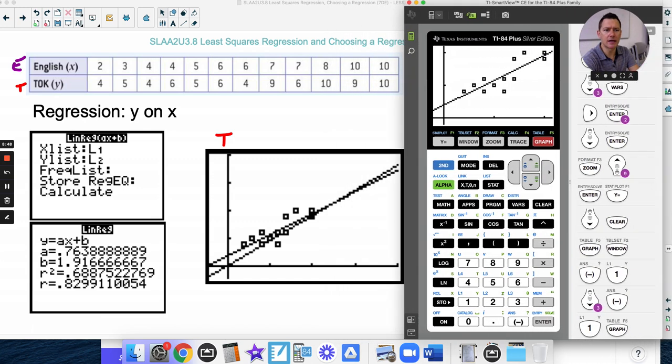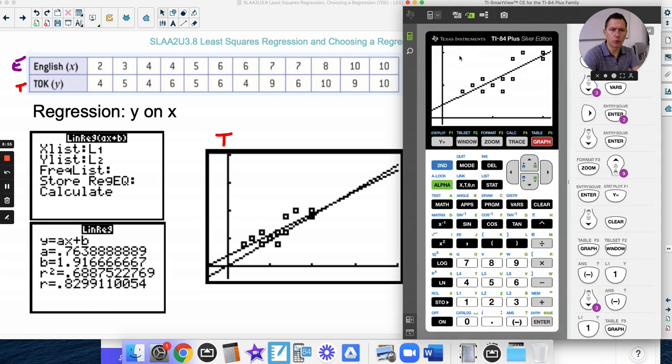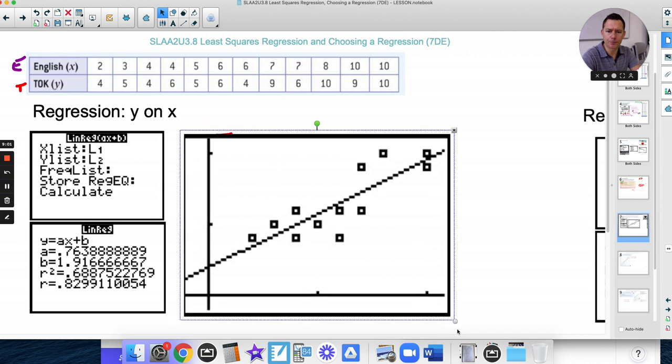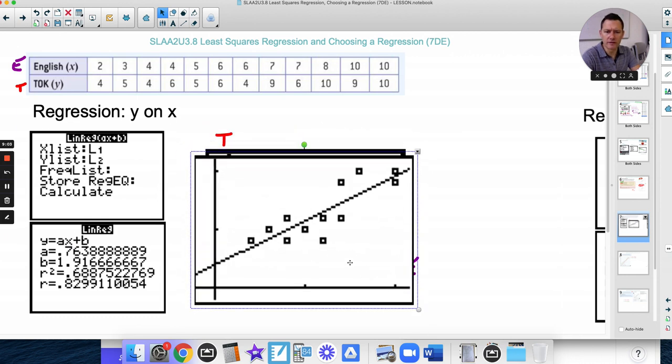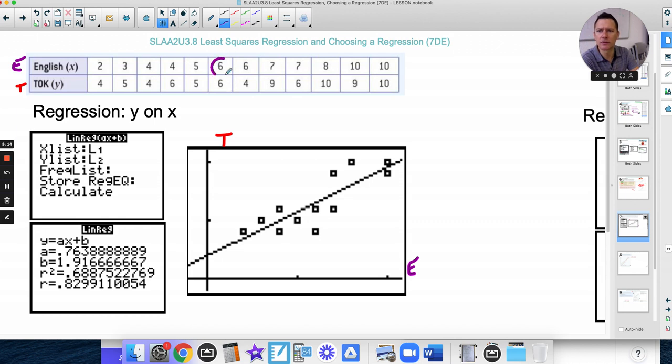And then I know that this is the English point. I might take a screenshot of this and put it in here so I can ignore the 2 lines for a second. So this is TOK value based on English. So if I knew what I was going to get in English, if I knew I was going to get a 6, no, let's do an 8.